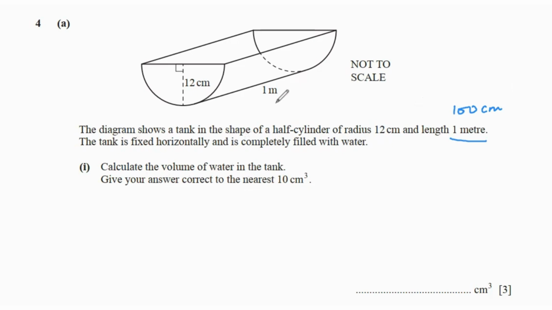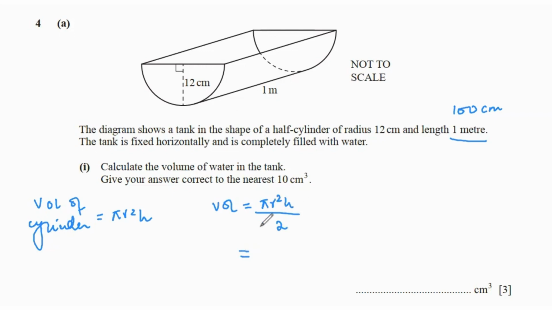So for this, we know that volume of a cylinder is pi r square h. But since it's half of a cylinder, the volume we're going to use is pi r square h divided by 2. R is 12.